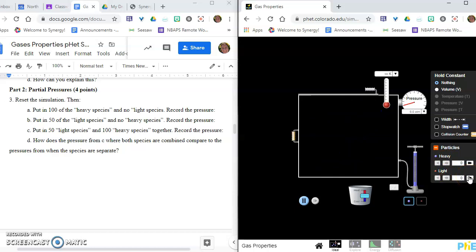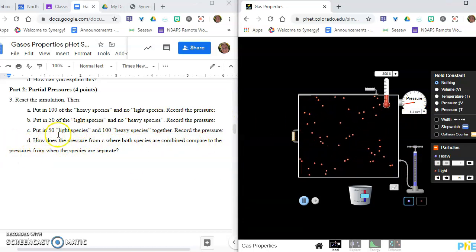For B, we're going to put in 50 light and record our pressure. So it's about 6, I would say. 5.9 or 6. Okay, so put that for B.